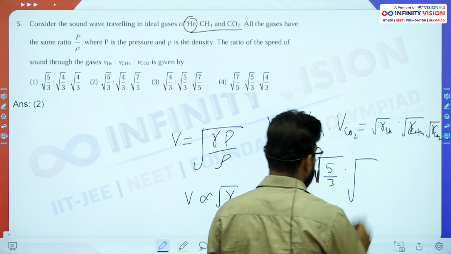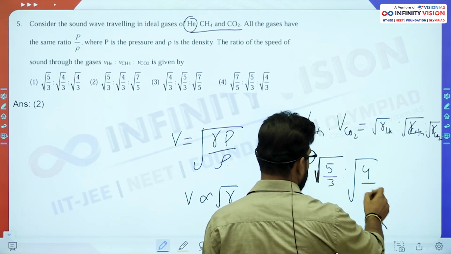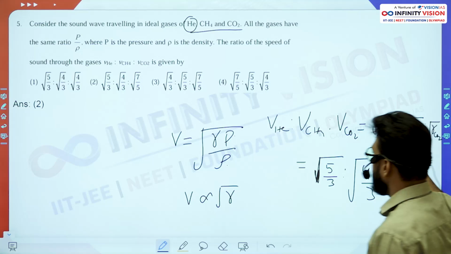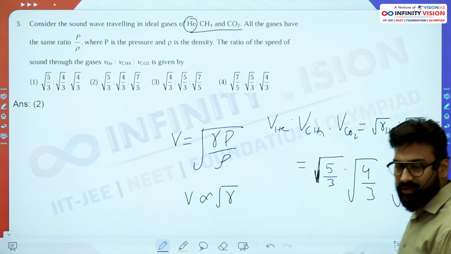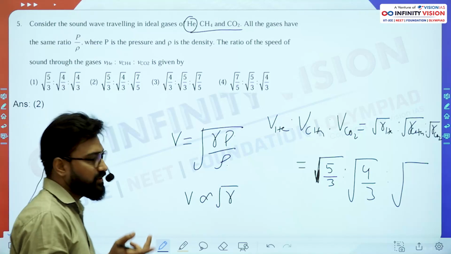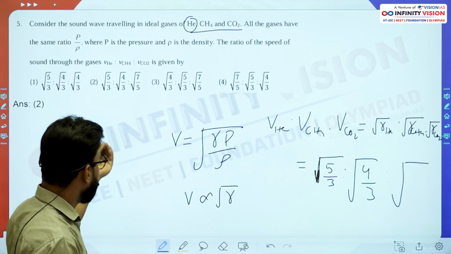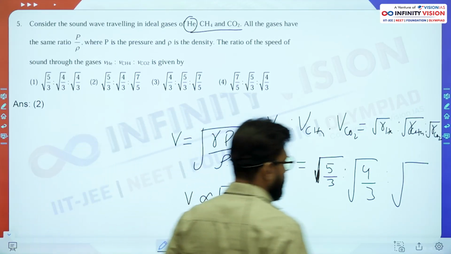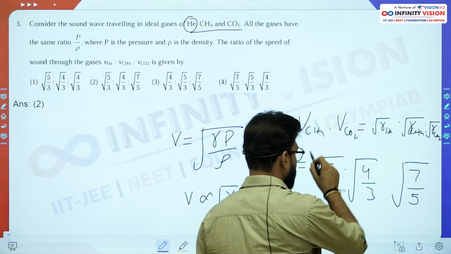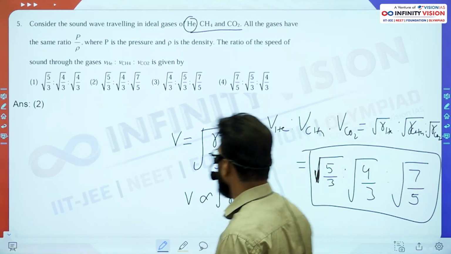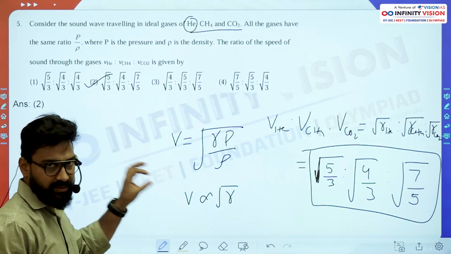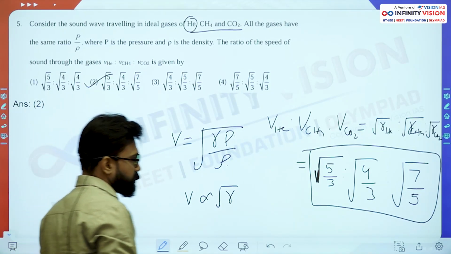CH4 is a polyatomic gas, so gamma for it is 4 by 3. For CO2 it would have 3 translational modes and 2 rotational modes, so the degrees of freedom would be 5, so gamma is 7 by 5. So the final expression that we are getting, the second option, is the correct option.